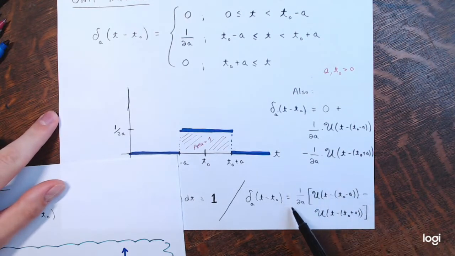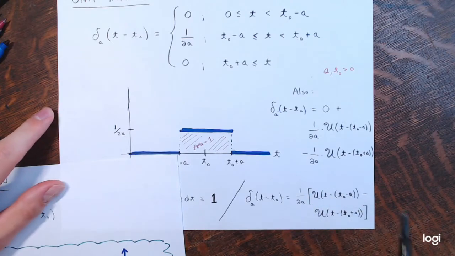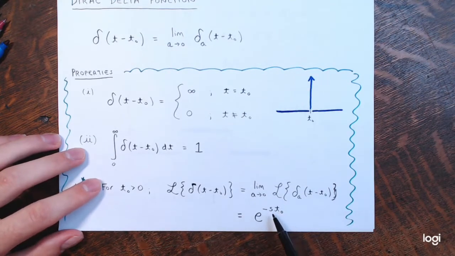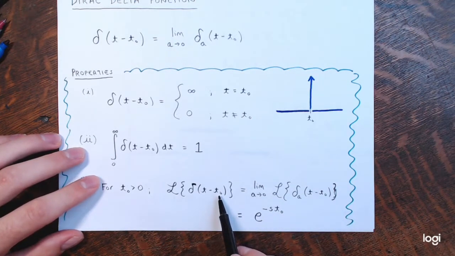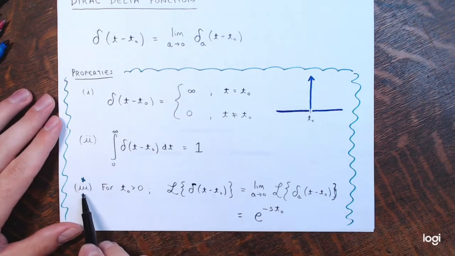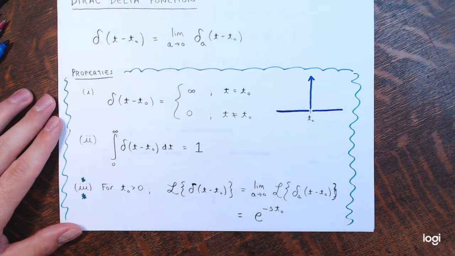So you could actually use this to figure out that this is going to be equal to just e to the negative s times whatever t sub 0 is. I put little asterisks on this, because this is going to be huge for the rest of my examples.